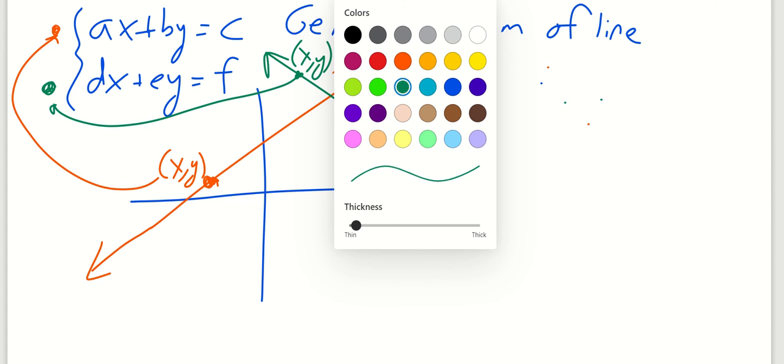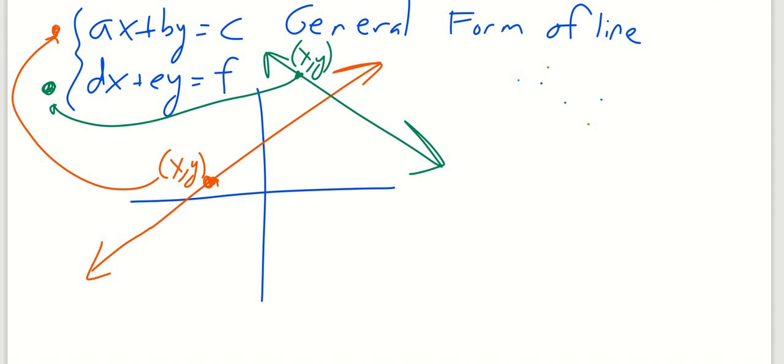Now, what does it mean to have a point x comma y that's a solution to the system? It has to satisfy the first equation, which means it has to be on the graph of the first line, and it has to satisfy the second equation, which means it also has to be on the graph of the second line.